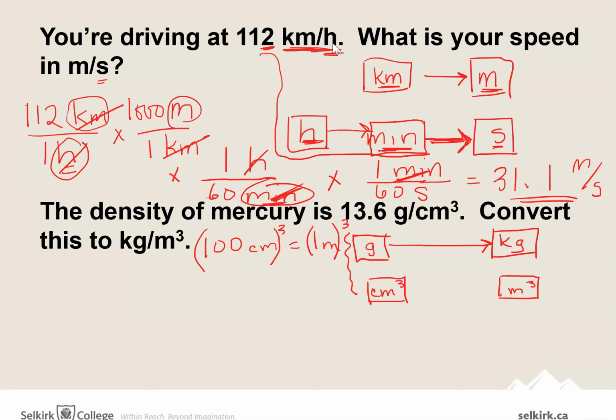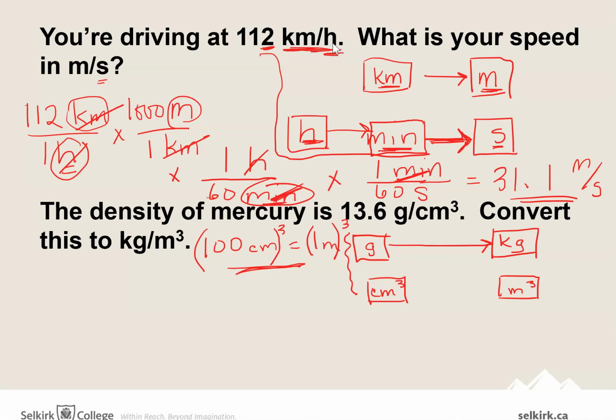So 1 cubic meter is not 100 cubic centimeters. 1 cubic meter is 100 cubed, or 1,000,000 cubic centimeters. So keep that in mind as you work your conversion factors. And again, this time I showed more detail than I showed before. I show myself as much detail as I need to be clear enough to be confident in what I'm doing.